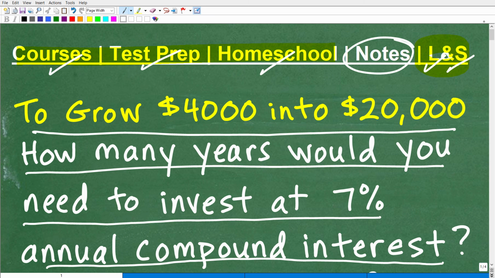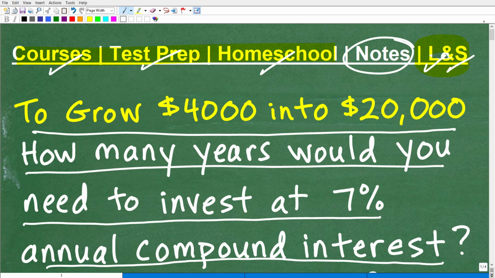Compound interest has a particular formula, but when you're solving logarithmic or exponential function problems, there are all different sorts of science formulas and business formulas that you can use, and your application of them is going to be very similar to your application of solving compound interest problems.